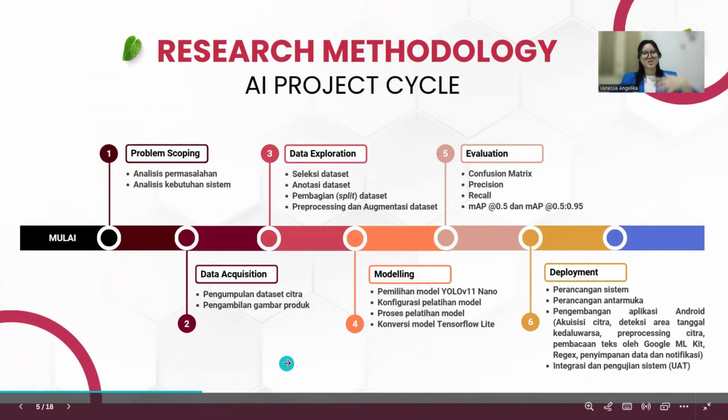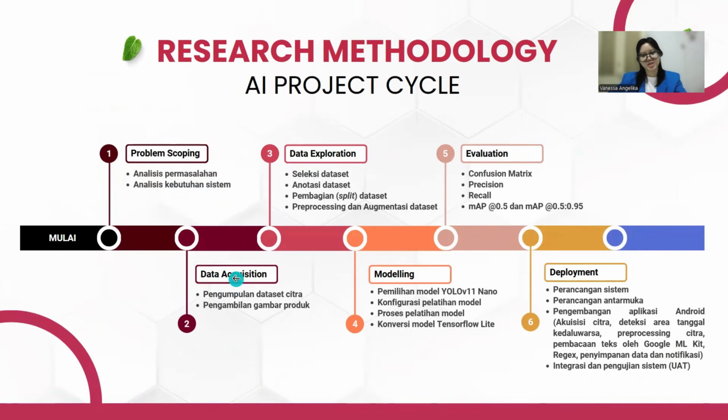This research follows the AI project cycle, which consists of 6 stages. The process begins with problem scoping, followed by data acquisition, and then data exploration for dataset preparation.